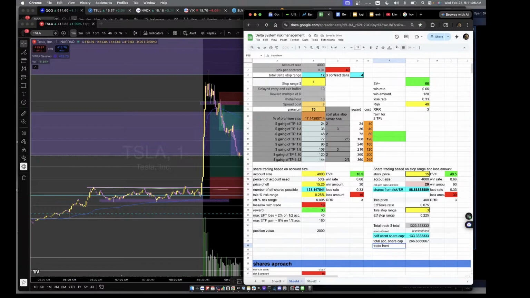Trade from risk when risk from less shares.